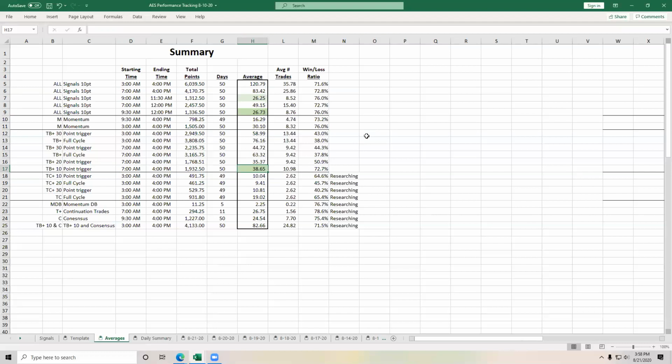So it's entirely up to you to decide where you want to focus your attention and how much time you want to devote to your trading every day, a limited amount of time or a much greater amount of time. And then how much attention do you want to pay? Do you want to trade every single signal, from 7 to 4 or 9 to 11:30, whatever you choose.